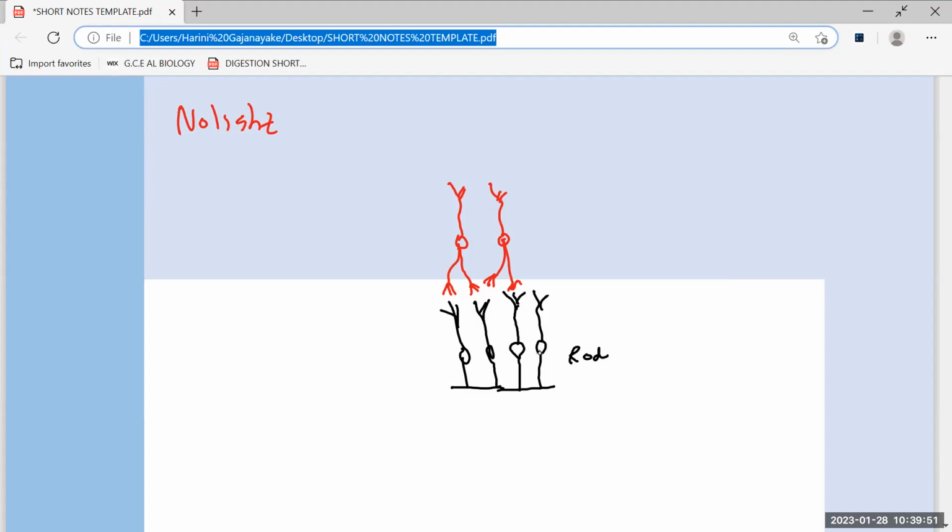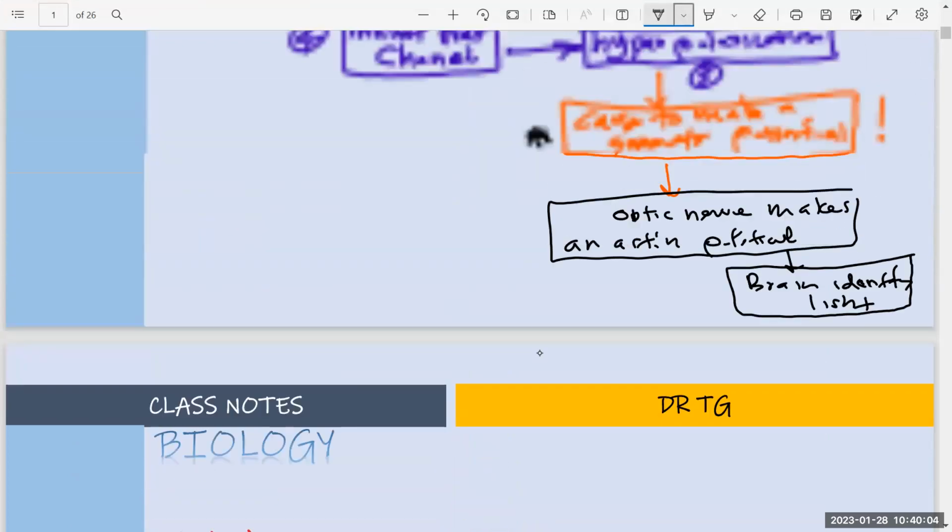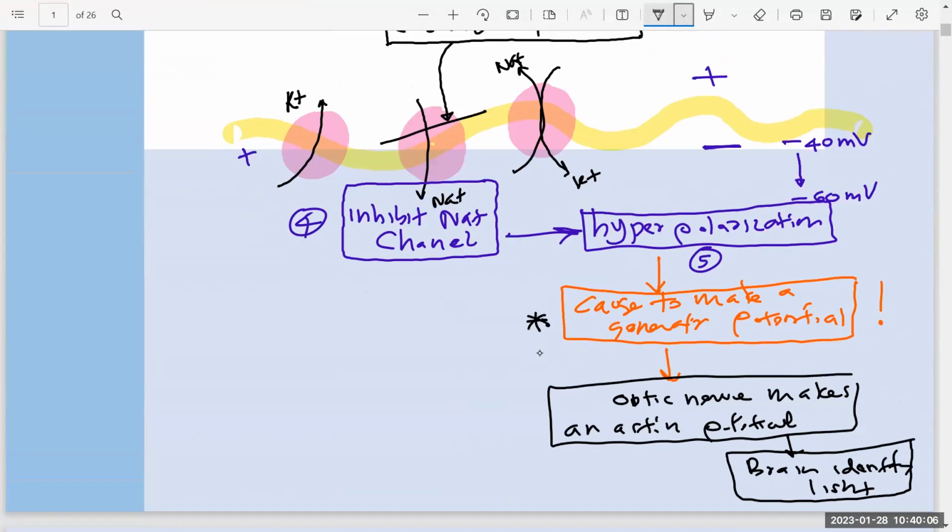When the sodium channel is not closed, there is a certain limit of membrane potential. As we learned before, we will say it is minus 40 millivolts. It maintains this in the absence of light.